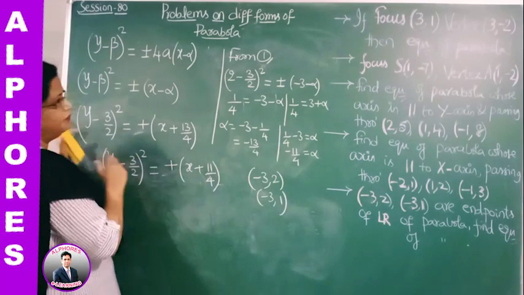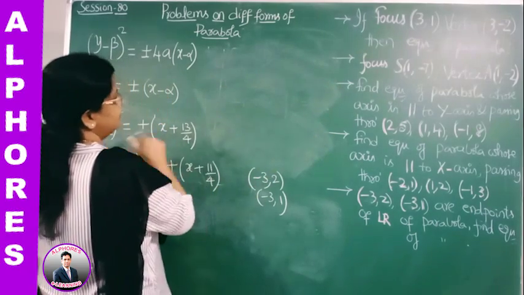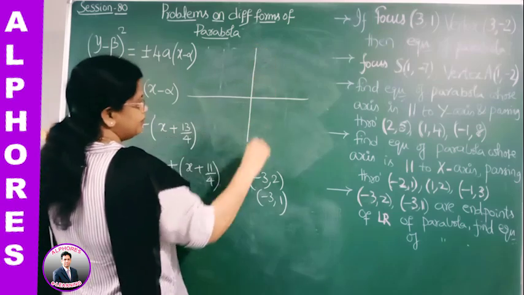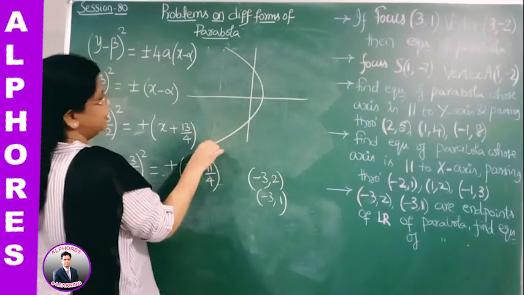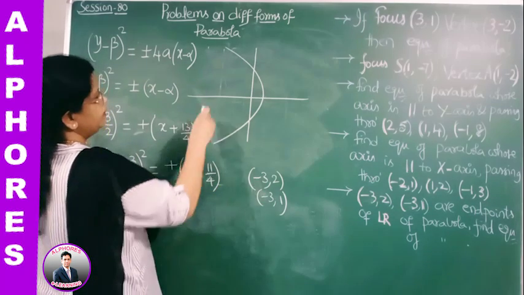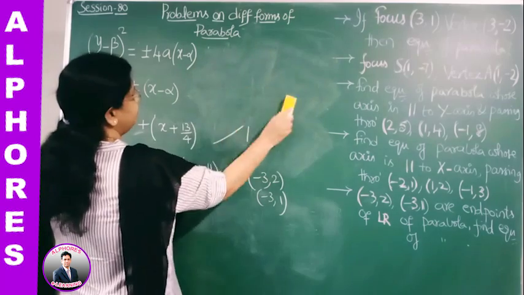Whereas if I write the diagram, if I observe, the diagram is nothing but one is minus 3 comma 2. So this is minus 3 comma 2, and this value you got, this is minus 3 comma 2, one end of the latus rectum, and the other one is minus 3 comma 1. Therefore we draw the diagram in this way.